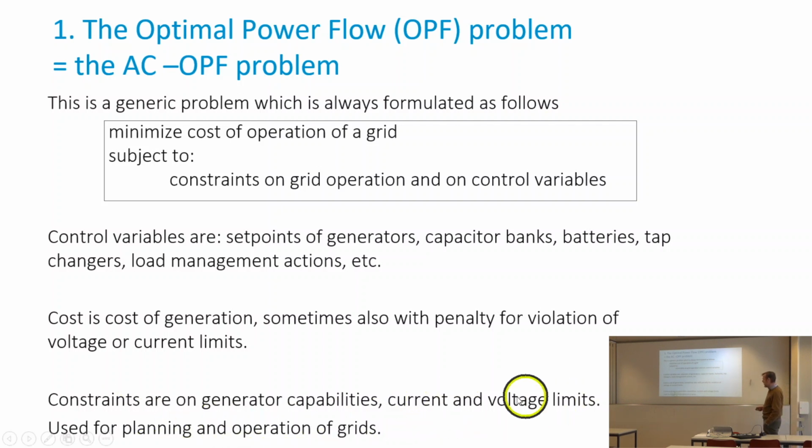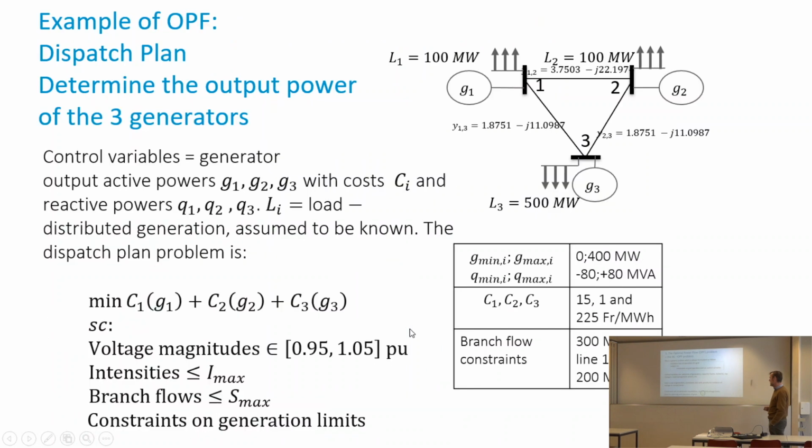But of course, the current and voltage limits, and this is what makes the OPF problem an interesting or difficult problem, is that we want all of those set points to be achieved while satisfying quality of service in the grid. The current should be below the ampacity limits of the lines, and the voltage at every bus should be plus or minus within the admissible voltage bounds. Right?